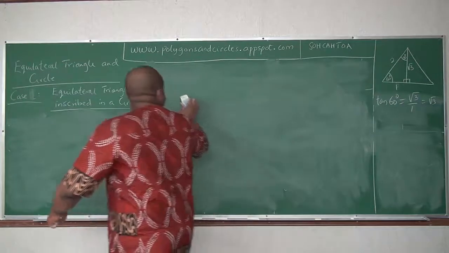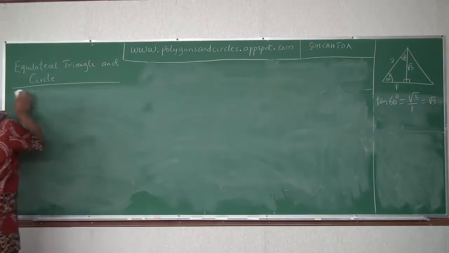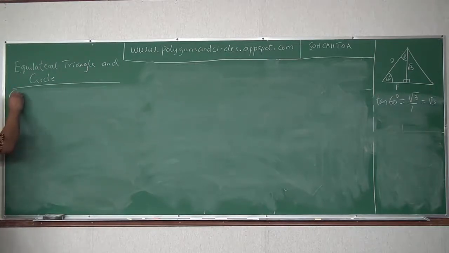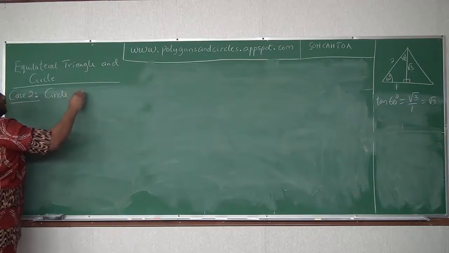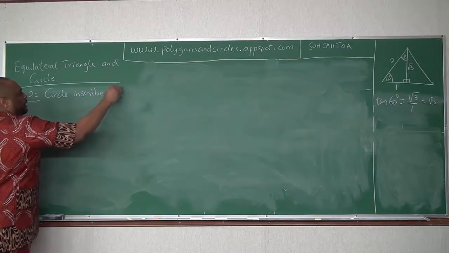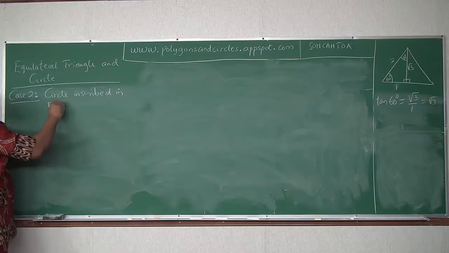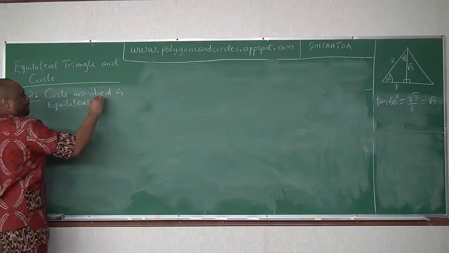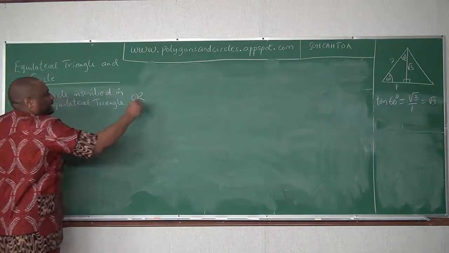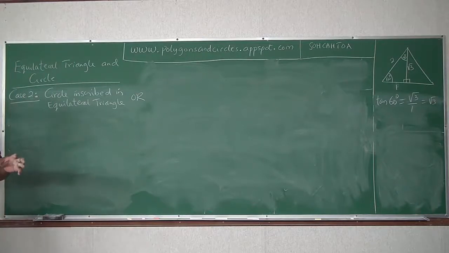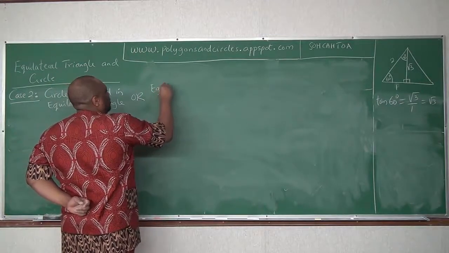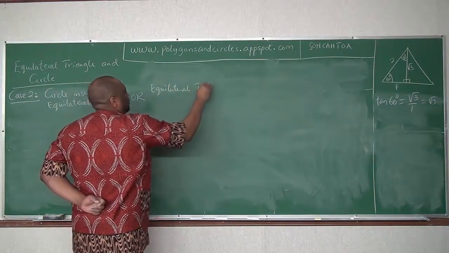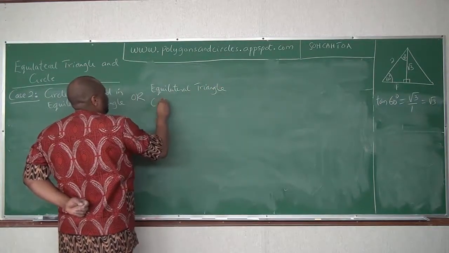Or we can also say equilateral triangle circumscribed about a circle.